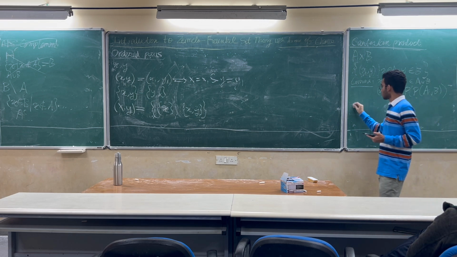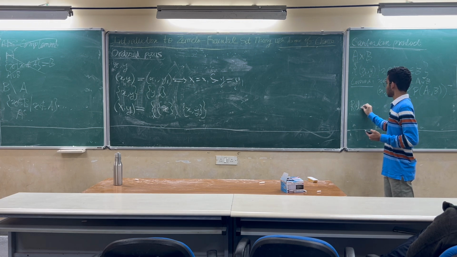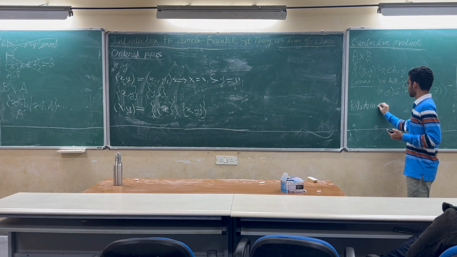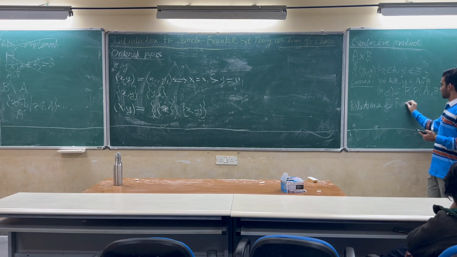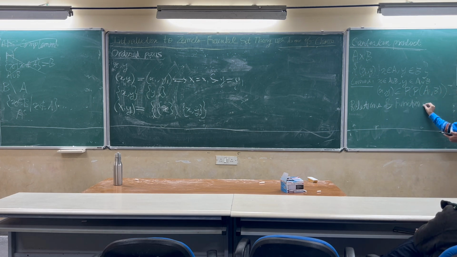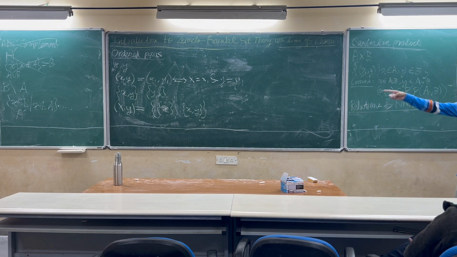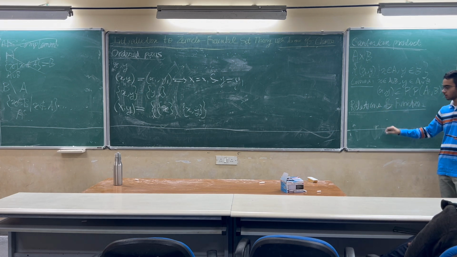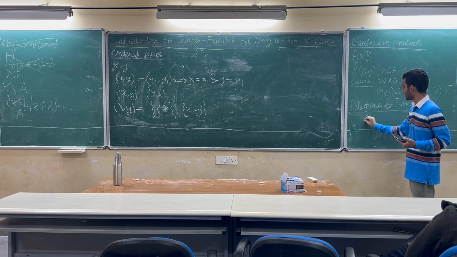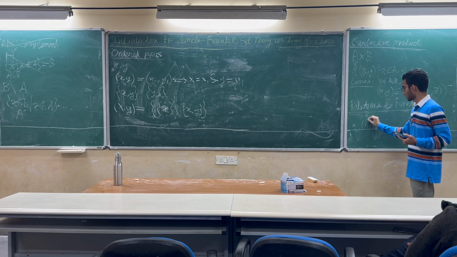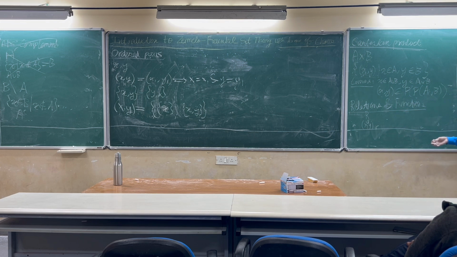There is also this standard notion of relations and functions which everyone is familiar with. The only thing which wasn't defined so far was the notion of ordered pair, and that has been defined like this. Once we have ordered pairs, we can talk about Cartesian products and then relations and functions. A relation is any set all of whose members are ordered pairs. Any set of ordered pairs is called a relation, and if some ordered pair x comma y belongs to the relation, we just say that x is related to y.